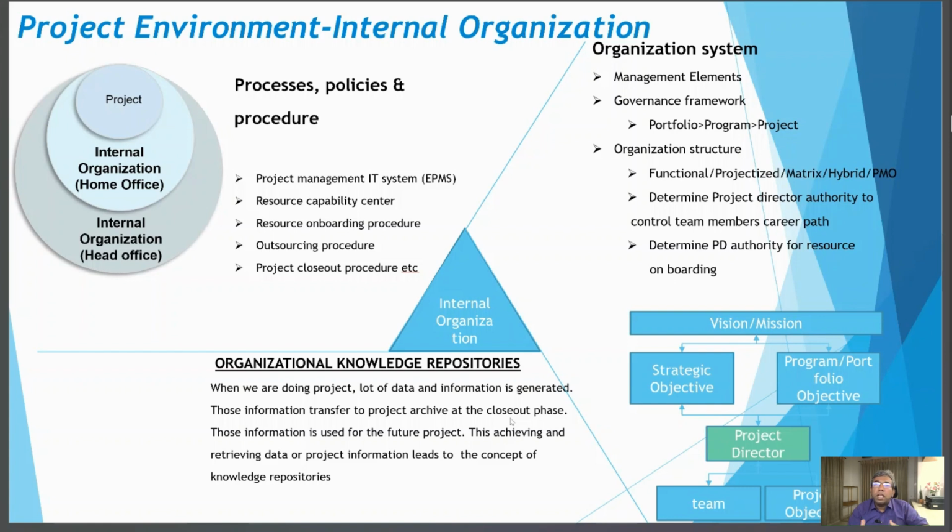That actually helps the project team solve problems every day in their project activities. They should also be well aware of vision, mission, and objective, so that in their daily work, if they find something which is not aligned with their objective, they can avoid those activities in their project work. Okay, this is the general structure of any organization.